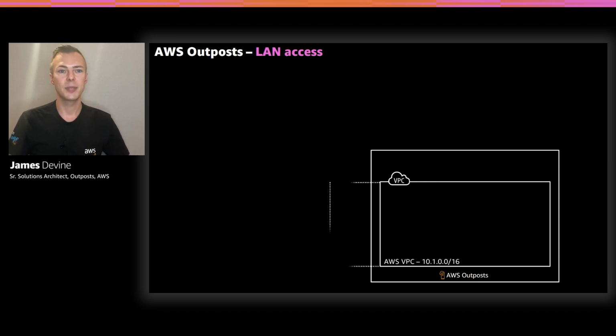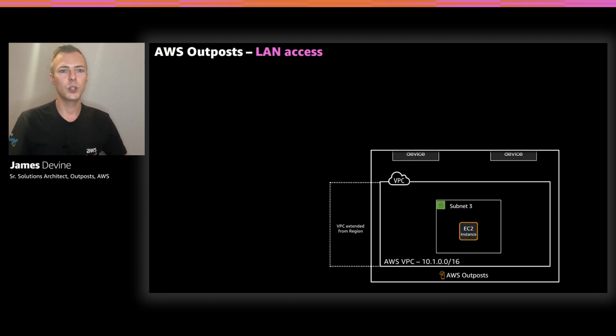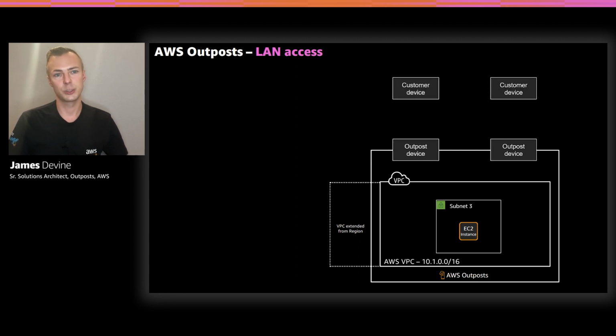Then we have a subnet with an EC2 instance, and then we have our two Outpost networking devices. These connect into your customer network. The demarcation point is our fiber patch panel at the top of each rack. That's where we'd hand off our connectivity to you. From there, we can redundantly connect each of our Outpost networking devices into the networking devices on your network.